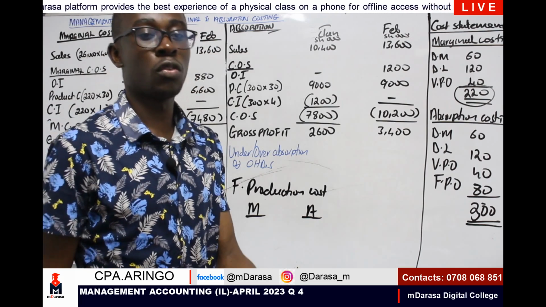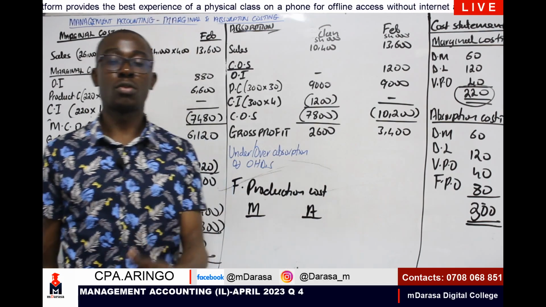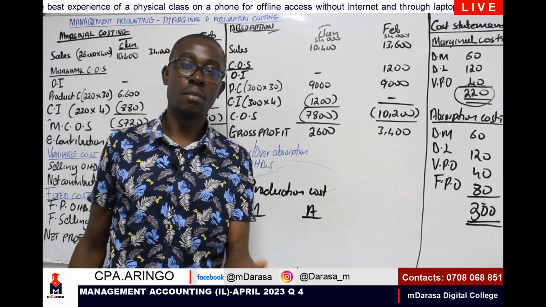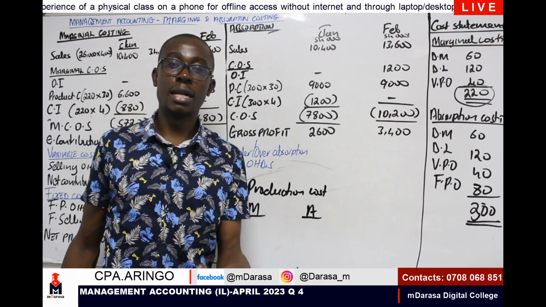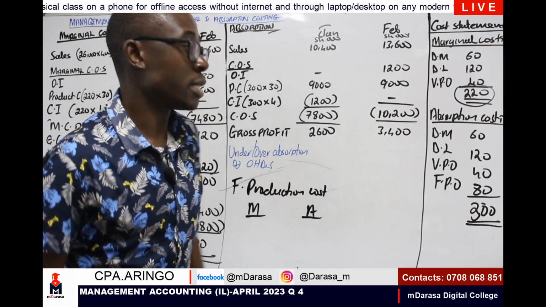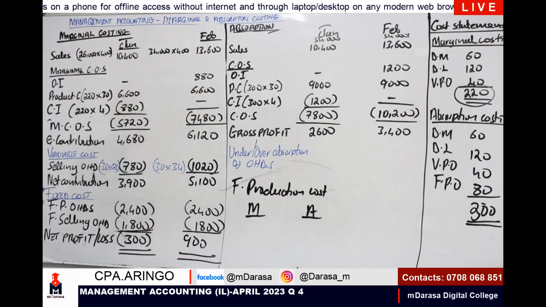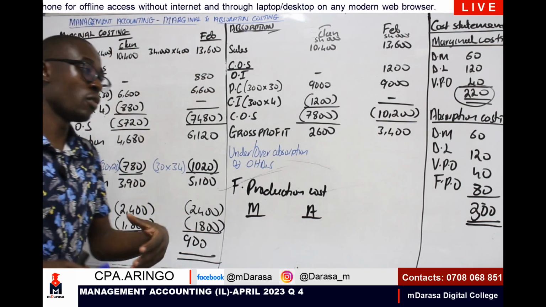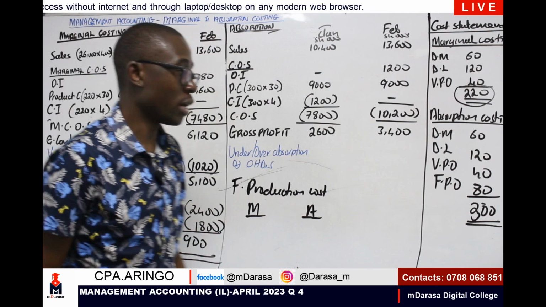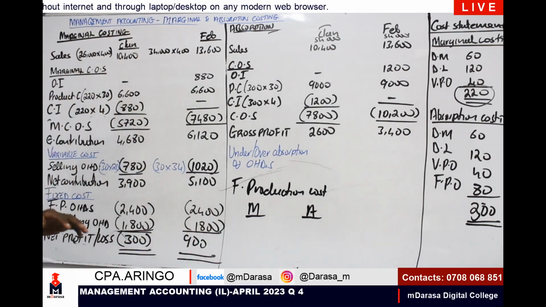Over absorption of overheads will understate our profit. So therefore, what do we need to do? We need to add it back, over absorption. Under is when whatever we absorbed is less than what we had budgeted. So in this case, you'll find that I will have overstated our profit. So to correct it, under will be required to deduct it.